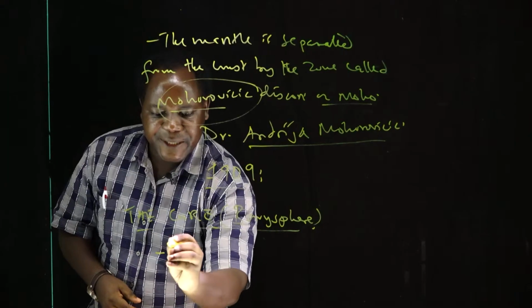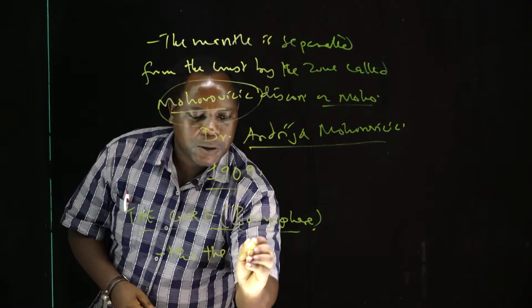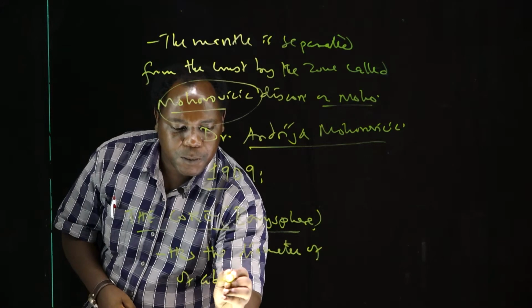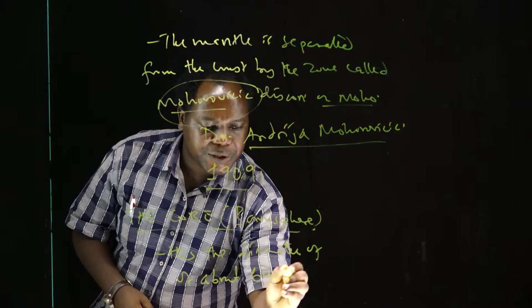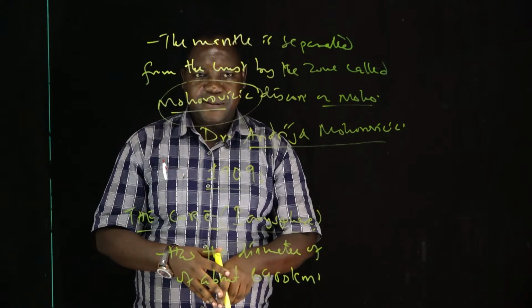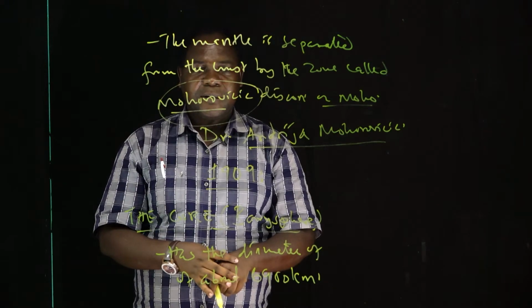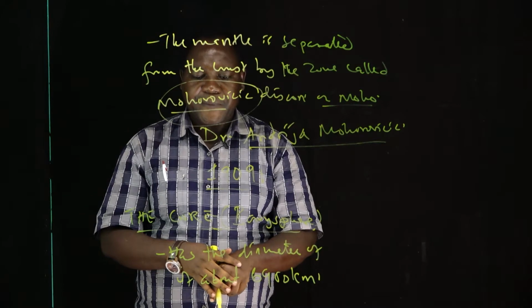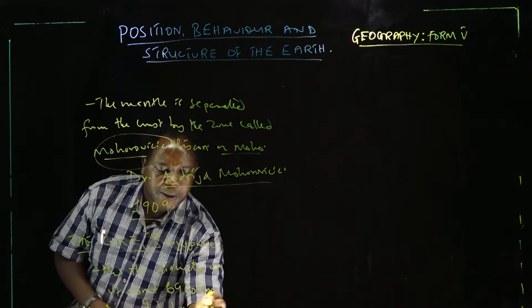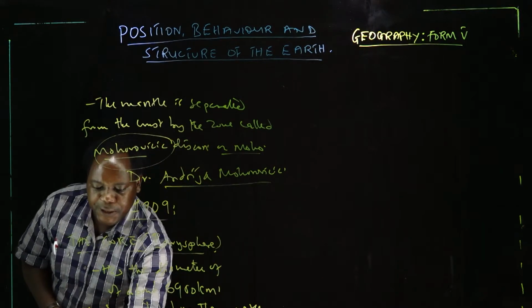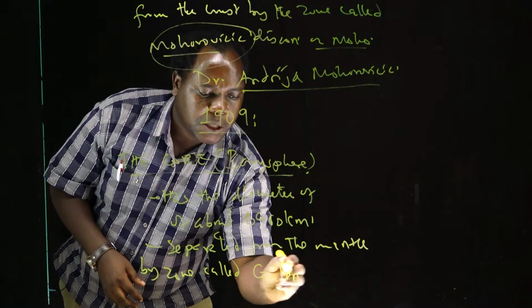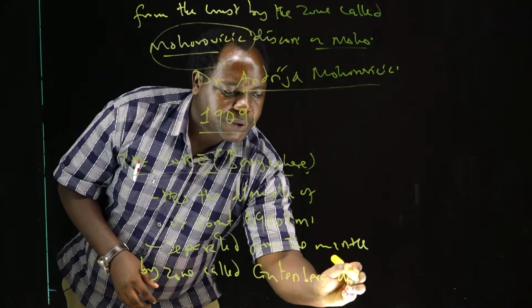This core has a diameter of about 6900 kilometers, and it is separated from the mantle by the zone called the Gutenberg discontinuity.